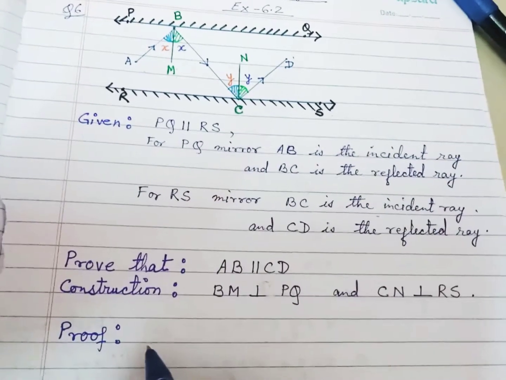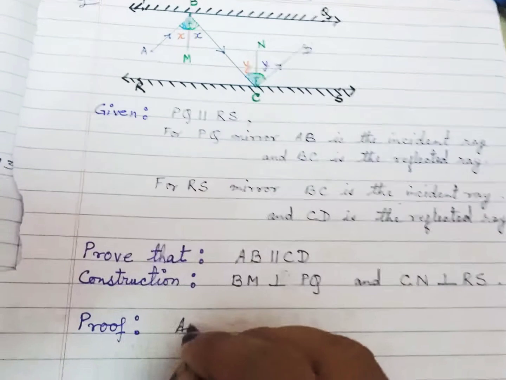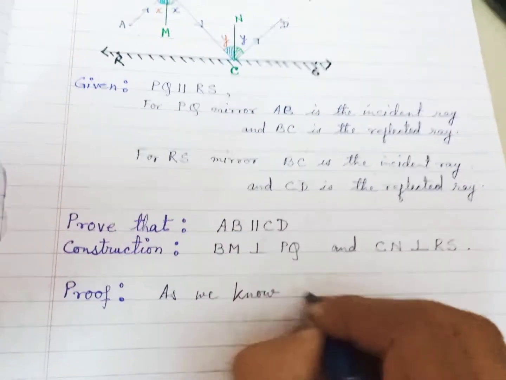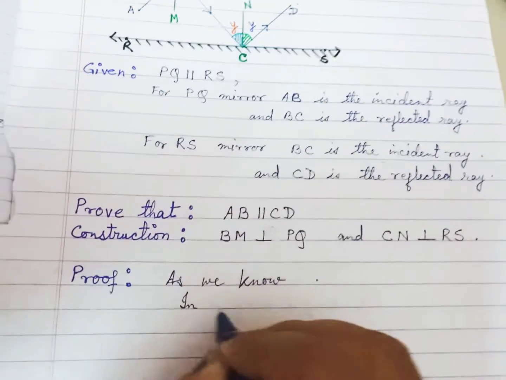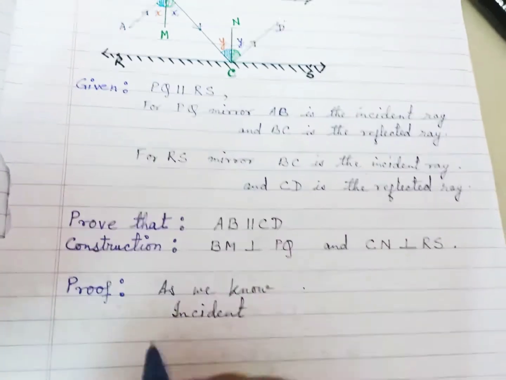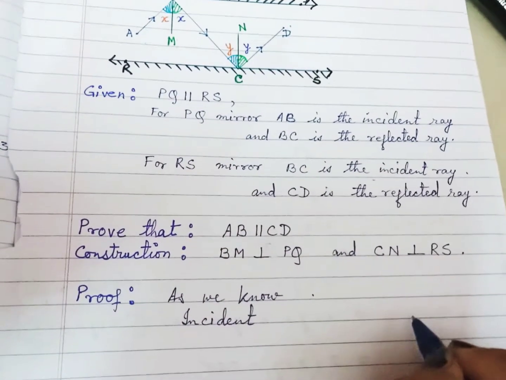Now in the proof we write that, as we know, angle of incidence equals angle of reflection.